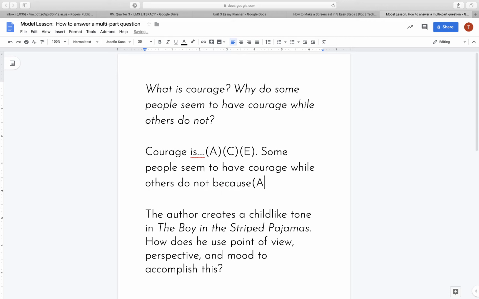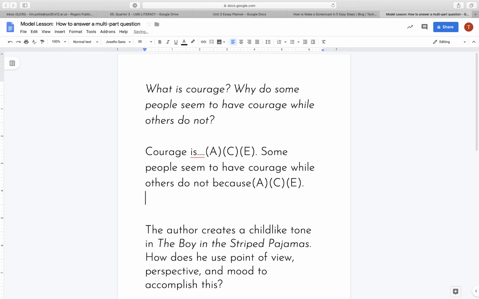You don't even have to put the dots, you can just put the A, and then we cite our evidence, and then we give our explanation. And now it's set up, it's organized for you. So now all you have to do is go back in and erase your placeholders. That's what these parentheses with the letter in them are, placeholders.